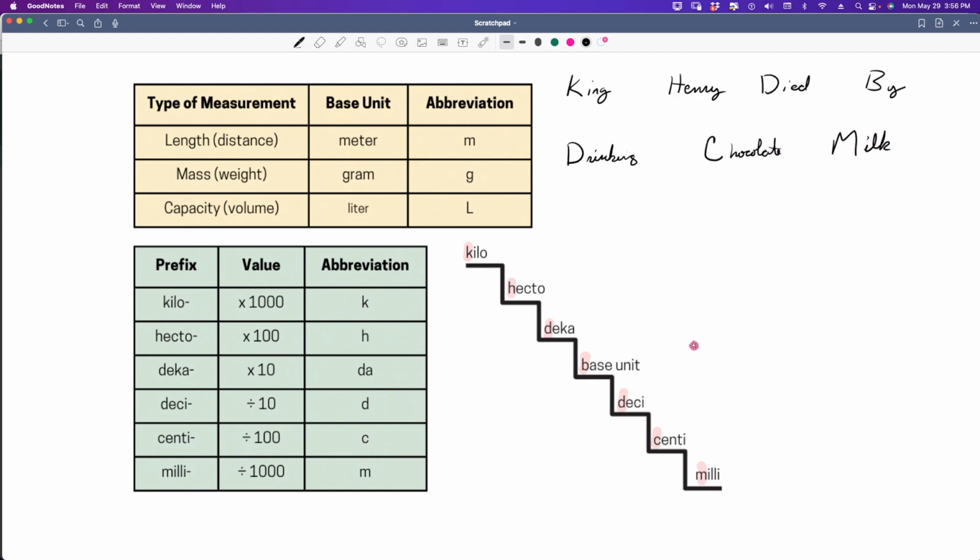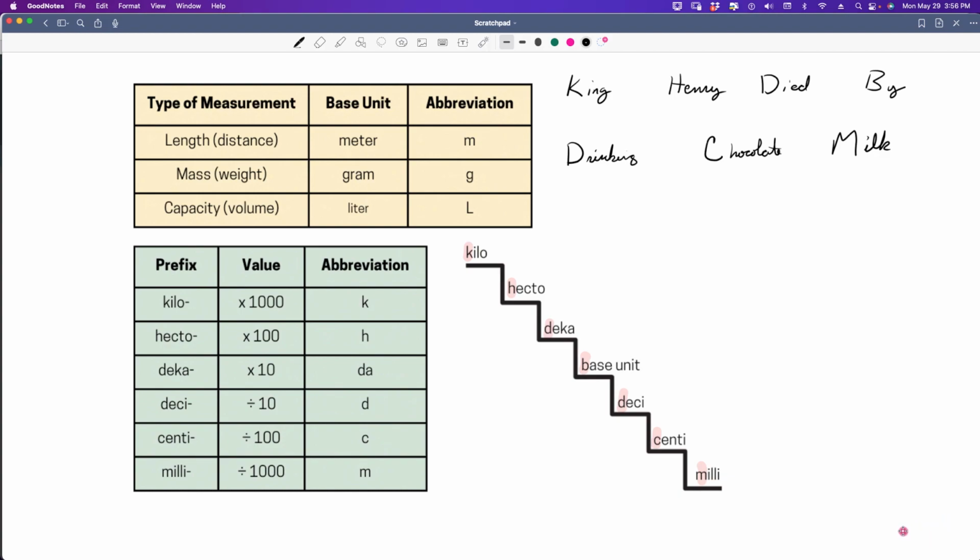If you can remember King Henry died by drinking chocolate milk, then you can remember the order of the stair step. King, kilo; Henry, hecto; died, deca; by, base unit, whatever it is; deci; drinking; chocolate, centi; milli, milk. And milli and milk look a lot alike because they start with the same first three letters, so it helps you to remember where it goes.